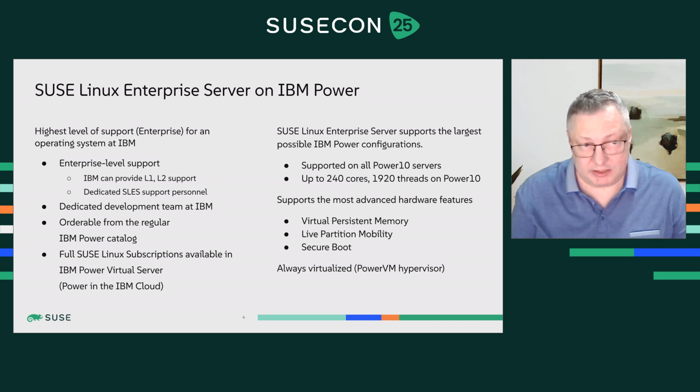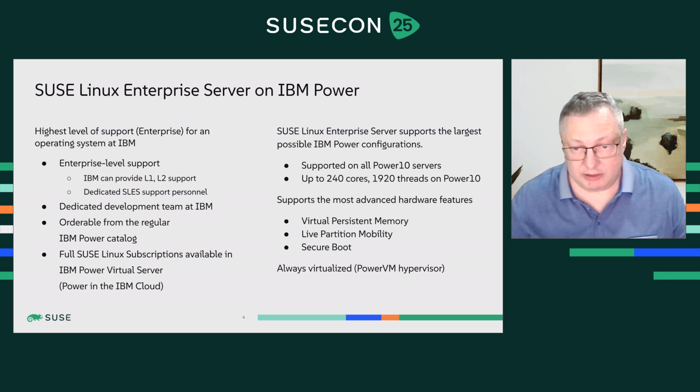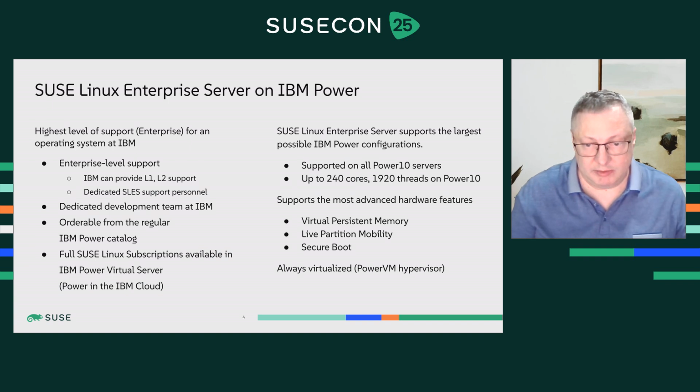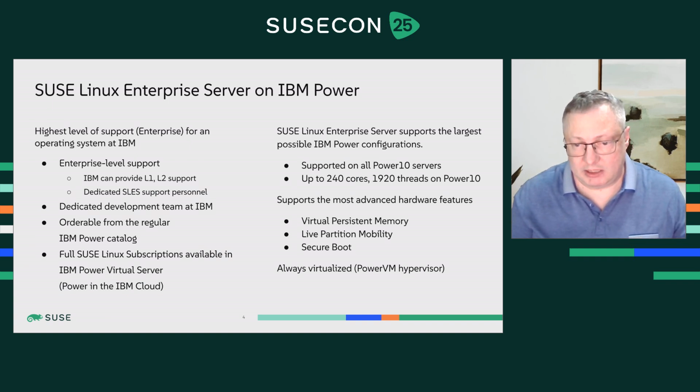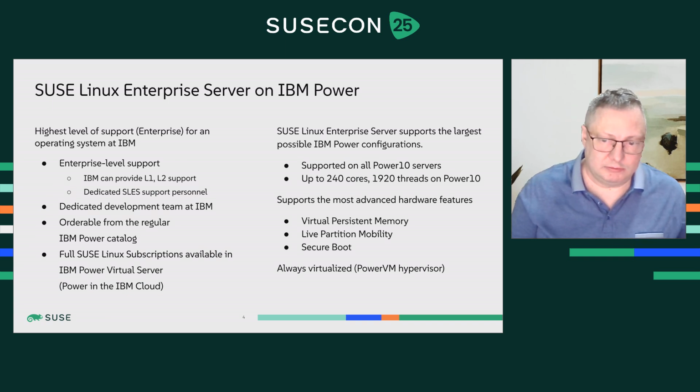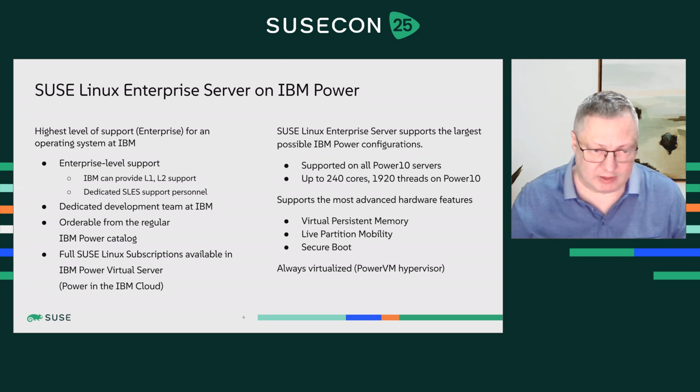In addition to that, SUSE Linux will support some of the most advanced hardware features like virtual persistent memory, and we'll come back to that because it's very important for SAP environments. Live partition mobility, secure boot, also the ability to resize partitions on the fly, adding or removing memory and CPUs. So it's really the highest possible level of support.